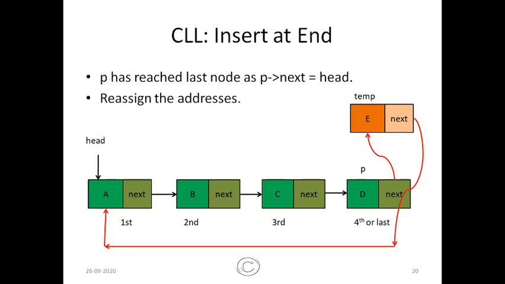From any node, if we are at B, then we can reach any node starting from the B node. That is the advantage. So in particular, some applications like computer graphics applications and operating system concepts are very beneficial. Token ring and Fibonacci heap also find this very useful.